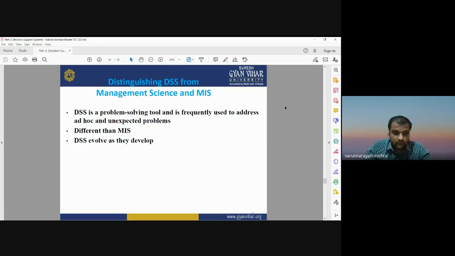If you are looking for a decision support system for water resources, urban planning, transportation, or any kind of other urban facilities, depending on the requirement, we can evolve the decision support system as they have been developed for application. So this is about the utilization of decision support system as per their requirements.